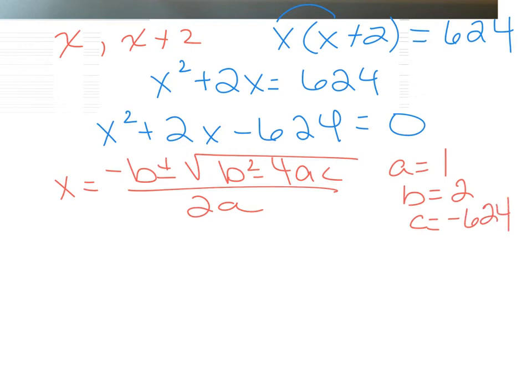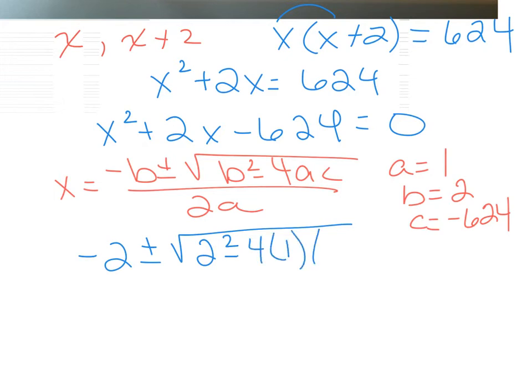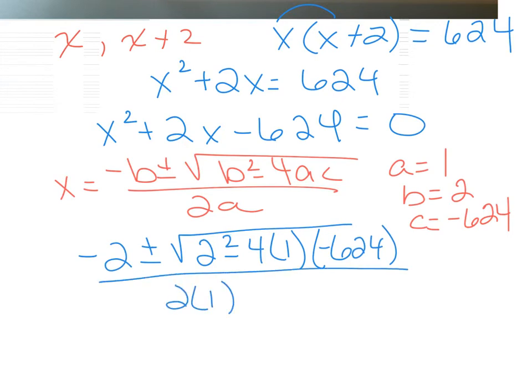Of course, that's based on this coefficient, and this coefficient. So now we're going to plug it in. Negative b plus minus the square root of b squared minus 4ac over 2a.